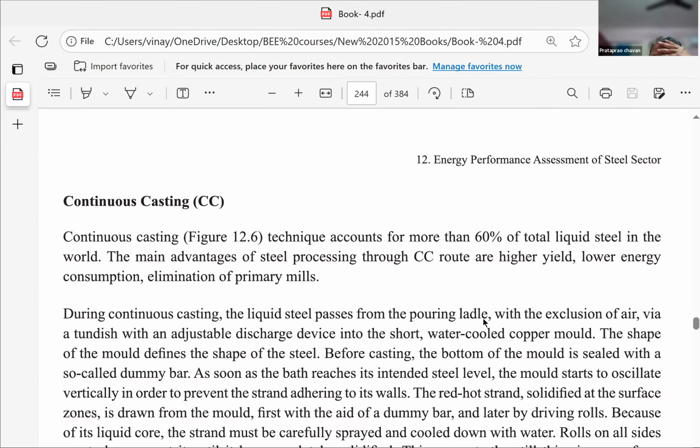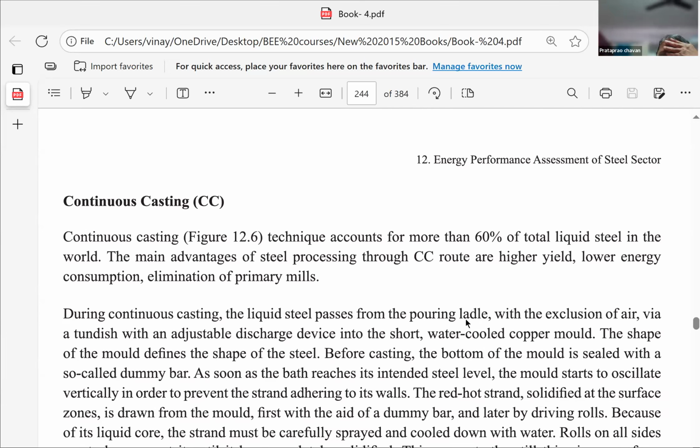This ladle many times is not a trolley, but a bucket with a handle on both sides. So two employees will physically hold the bucket, carry it to the molding spot, and then pour it into the mold. This is done basically for small molds.